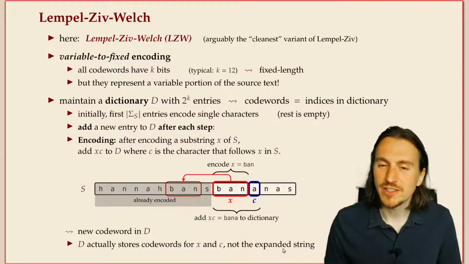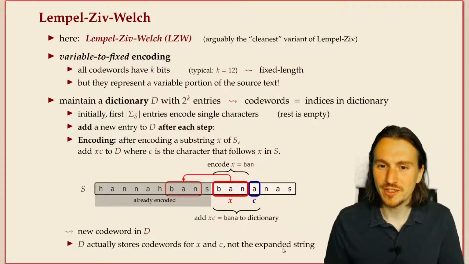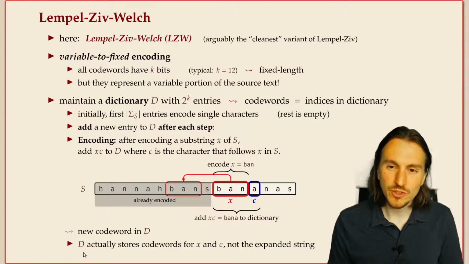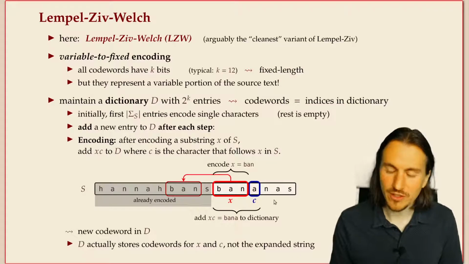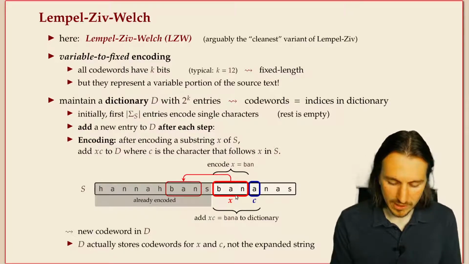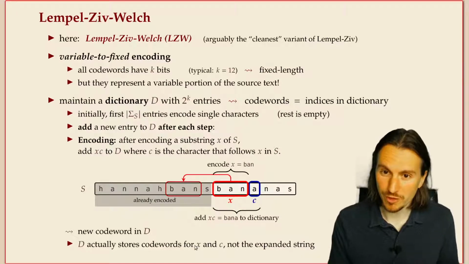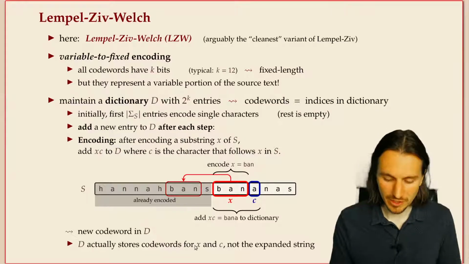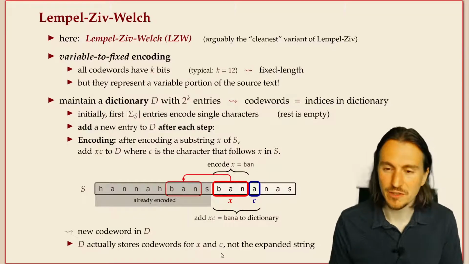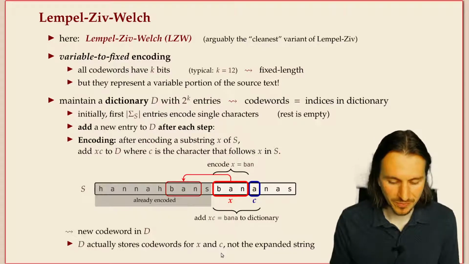Just a little side remark. If we are implementing this, we would not store the string in the dictionary explicitly, but instead we would compress this in the following sense: whenever we used x, we know we have a code word for x. And so we can just store that code word and the new character, so we don't have to store very long strings in this dictionary.